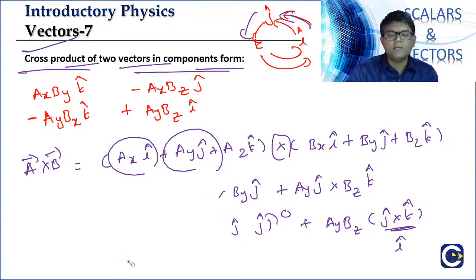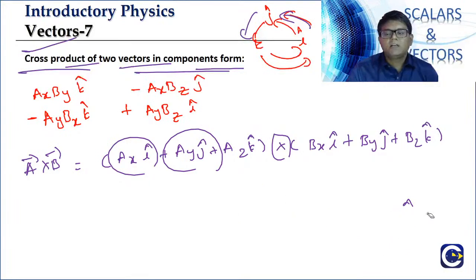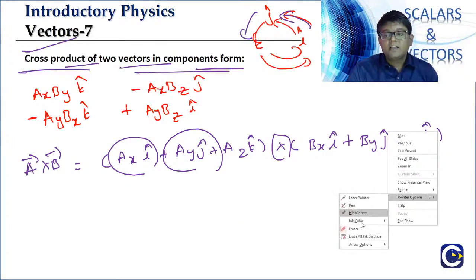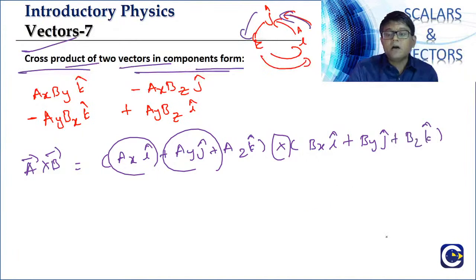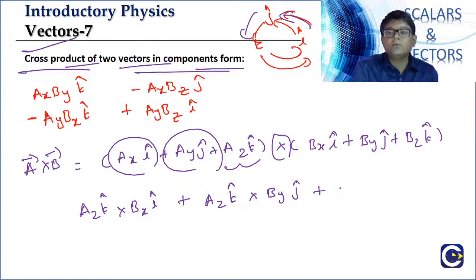So we are just doing it one step at a time. The derivation, as I said, is not a tough derivation or anything. But the important thing will be how we are going to remember the final result. Okay, so look at this, guys. Az into k cross bx into i plus az into k cross by into j plus az into k cross bz into k.